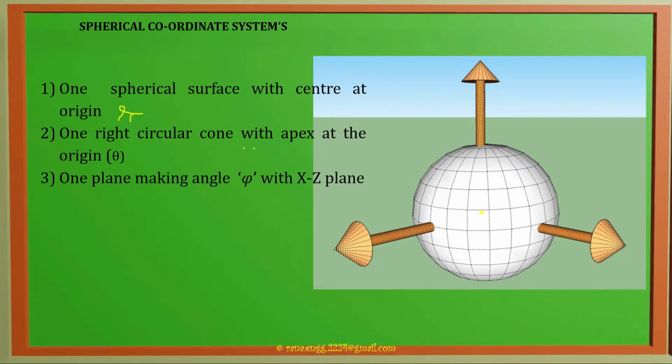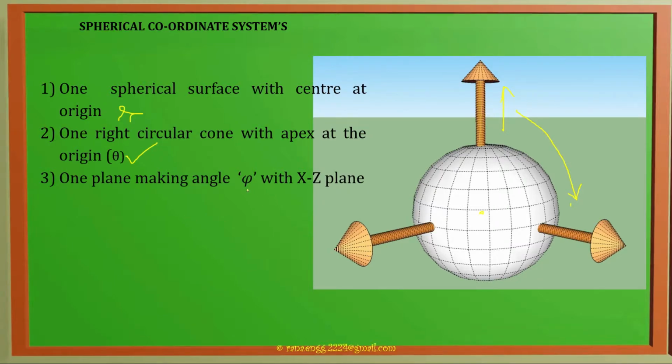Second parameter we require as one angle which is coming from the apex. So this is our apex. So from this apex, how much angle is given to that particular position. My point may be anywhere on this particular place. Now this is the second parameter we require. It is given by angle theta.